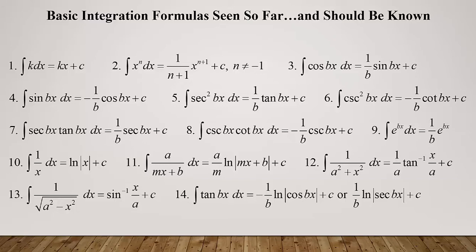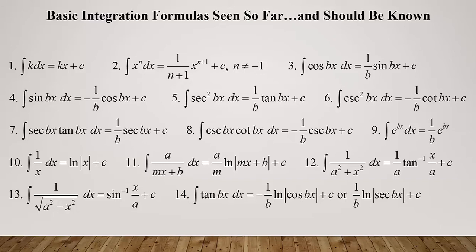Whenever I encounter antiderivative of tangent, I'm going to be using the first formula here, negative 1 over b, the natural log absolute value cosine bx. That's what I naturally will come up with.